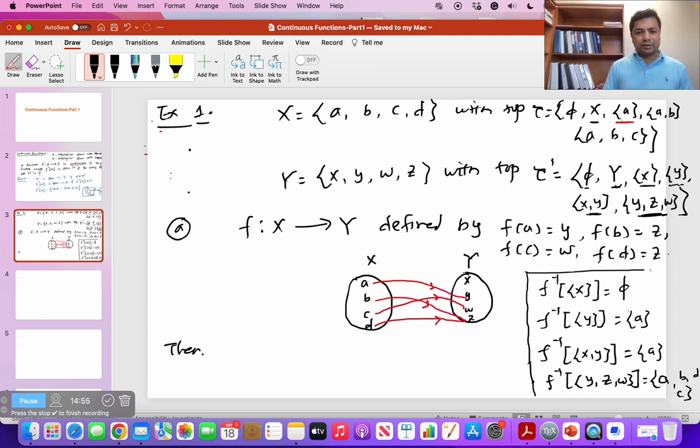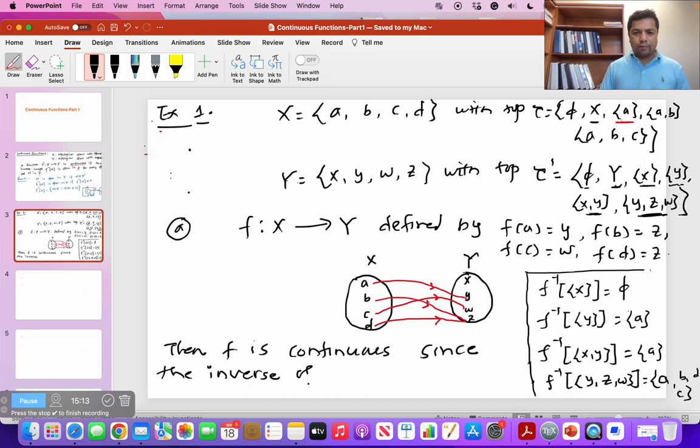Okay, then we can say that f is continuous since the inverse image of each member of tau prime is a member of tau.